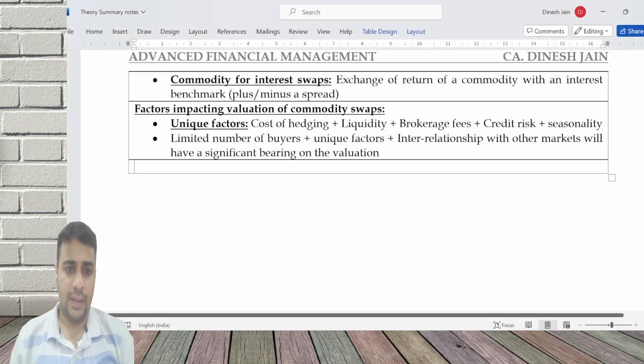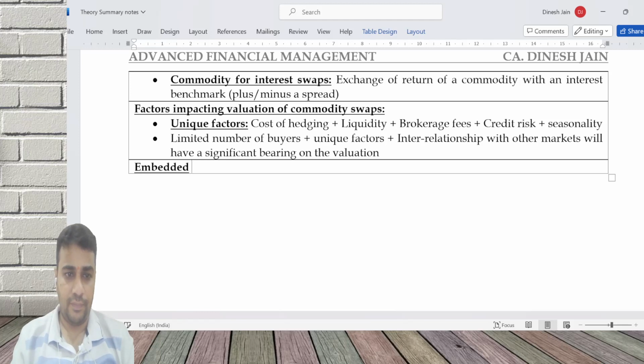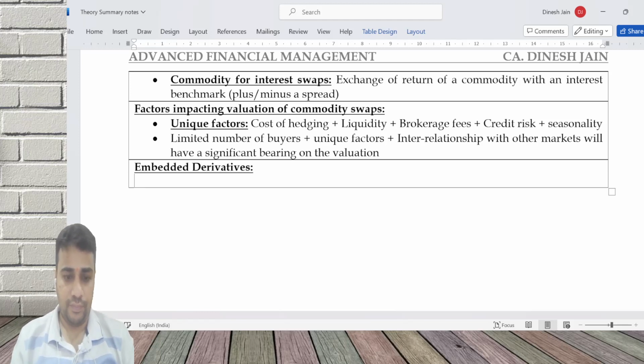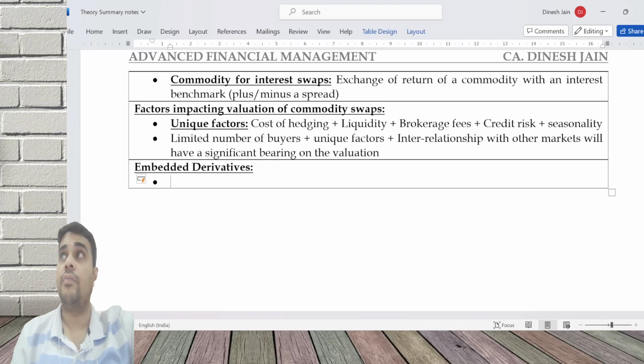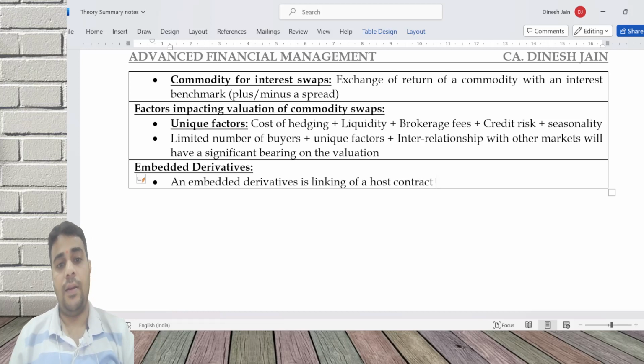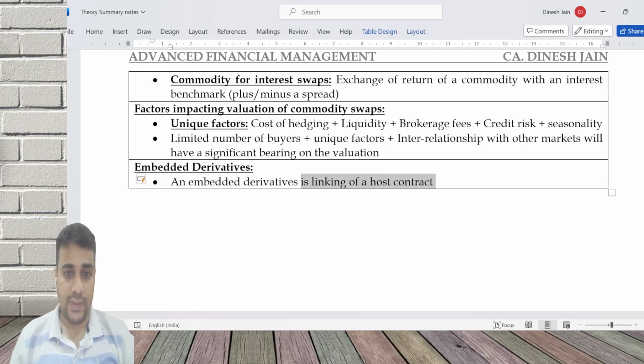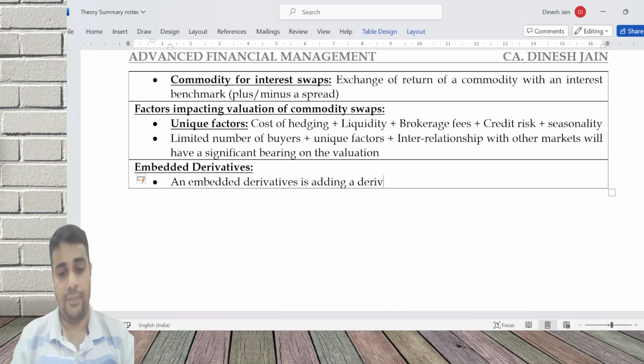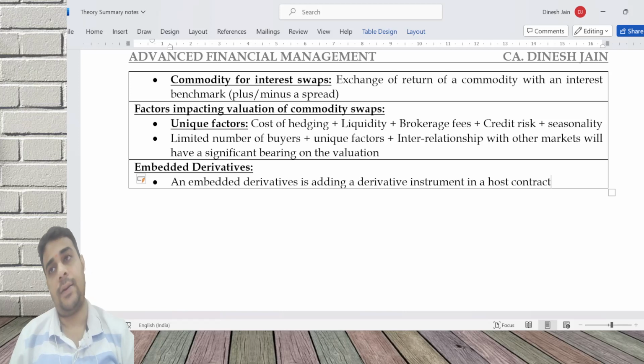Now, an embedded derivative is adding a derivative instrument in a host contract.